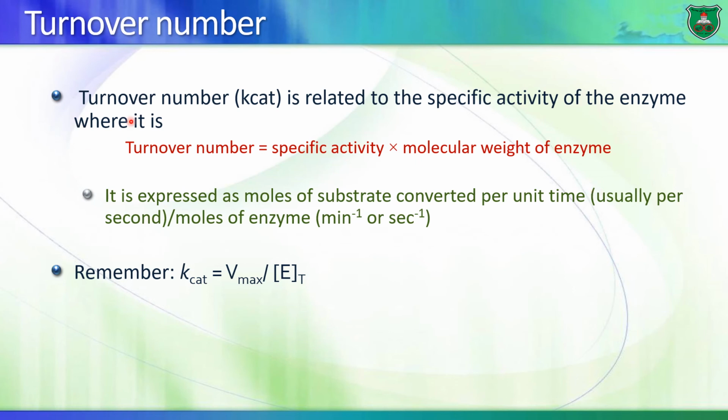Now, in this case, it is expressed as moles of substrate converted per unit time, and usually it's per second, per 1 mole of an enzyme. So it's per second or per minute. Okay, so that's the turnover number. So you can calculate Kcat starting from all of these variables.